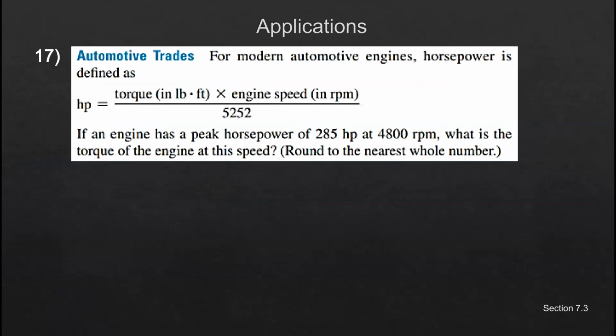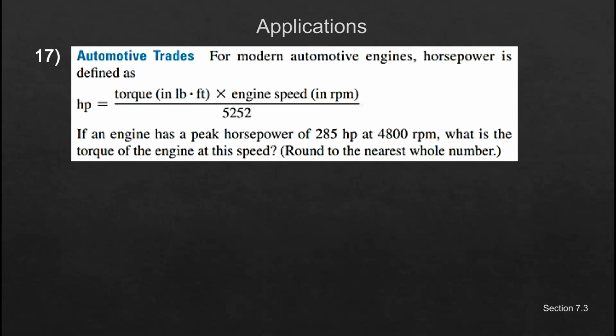Automotive trades. For modern automobile engines, horsepower is equal to torque, that's in foot-pounds, times the engine speed, and that's in RPMs, revolutions per minute, divided by 5,252.